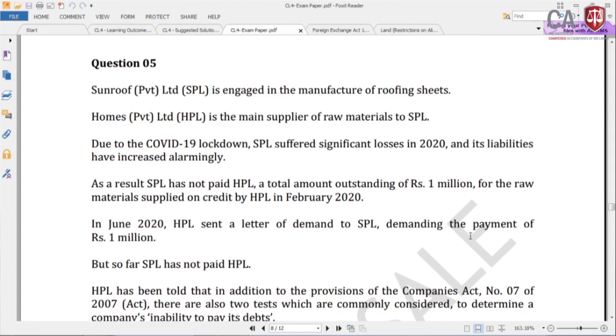As a result, SPL has not paid HPL, Homes Private Limited, because they were the main suppliers of raw materials to SPL. A total amount outstanding of rupees 1 million for the raw material supply on credit by HPL in February 2020. In June 2020, HPL sent a letter of demand to SPL demanding the payment of rupees 1 million. But so far, SPL has not paid HPL.